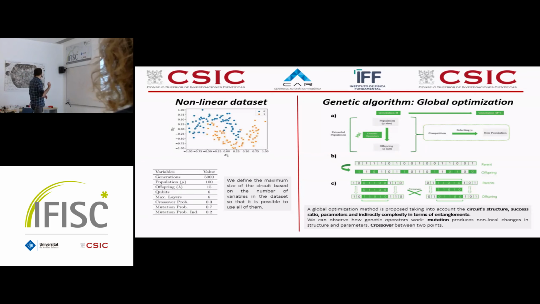I'm going to explain it here. I prefer the whiteboard to the PowerPoint, to be honest. So first we have the genotype, which is just a binary string.